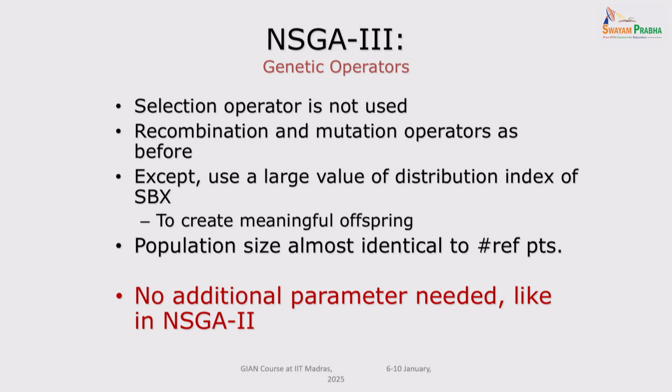But in some problems we work with industry, we do that. Yeah, so this is to have meaningful offspring. And population size is no more a parameter that you have to set. It depends on how many points you want to find. And that's usually dictated by the user or the problem description, how many points you want to find. No additional parameter needed. Okay, so that's it.